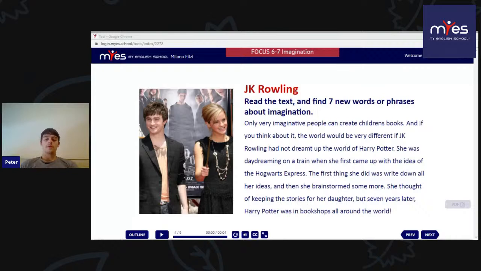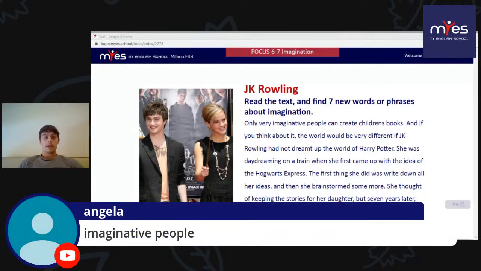For example, what is the first word that we see related to imagination? So the first word we can see is an adjective. Imagination is a noun, but the adjective related to the word imagination is... well done, Angela, exactly. Imaginative. Well done.